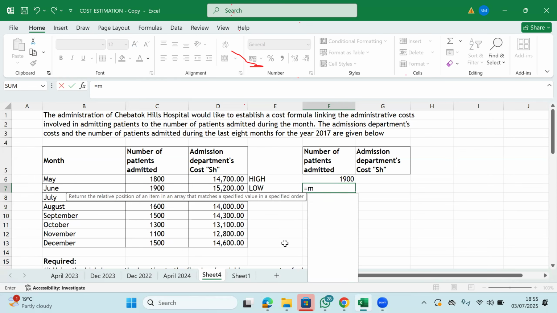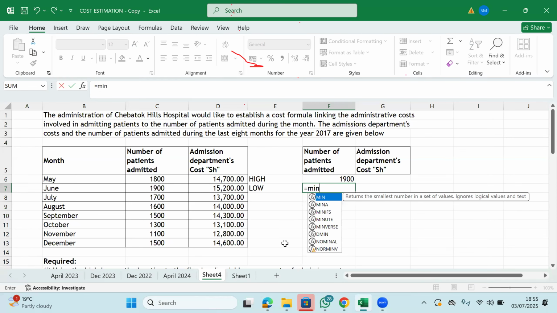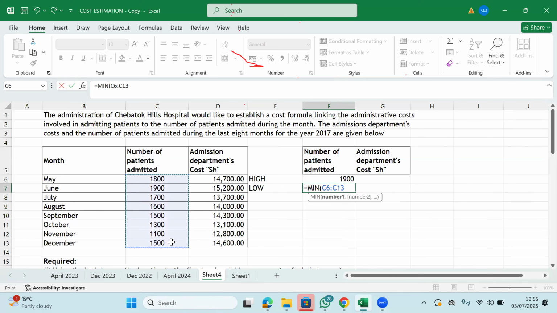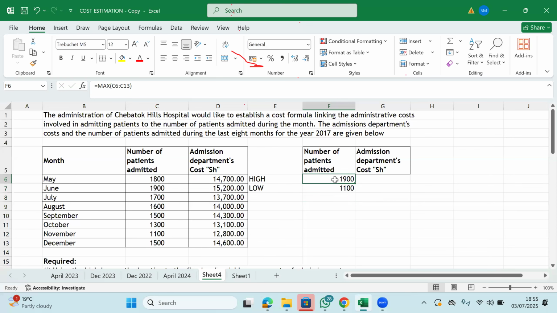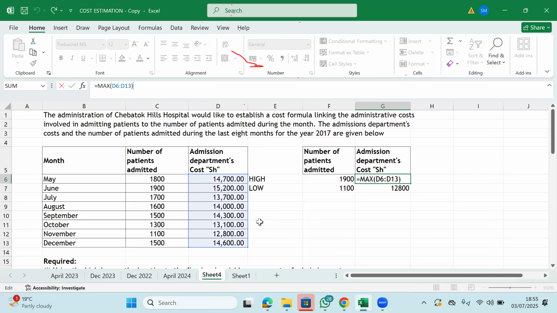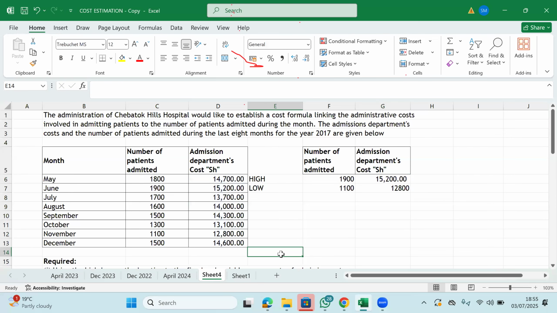And for low, we are talking about the minimum now. So what was the minimum number of patients that were admitted in this particular hospital within those 8 months that we are talking about? So it's basically high and low. And the same would proceed to even our admission department cost. What was our highest cost? And what was our least cost?